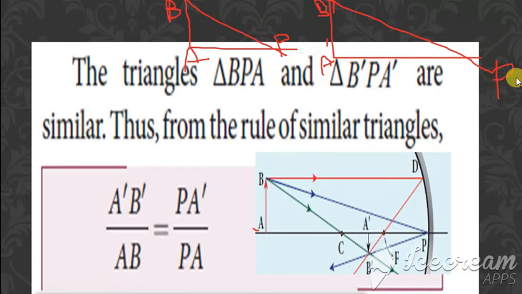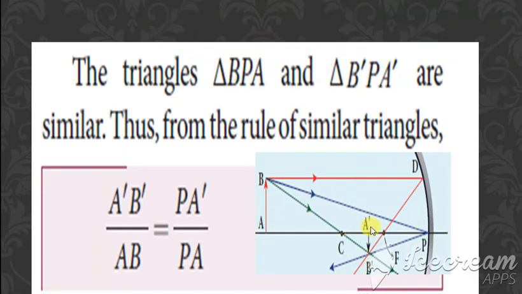From the rules of similar triangles, we can say that A dash B dash divided by AB, since these are corresponding sides, is equal to P A dash divided by PA. So this side divided by this side is equal to this divided by this. So we have got the first equation. Clear? Make this equation clear.